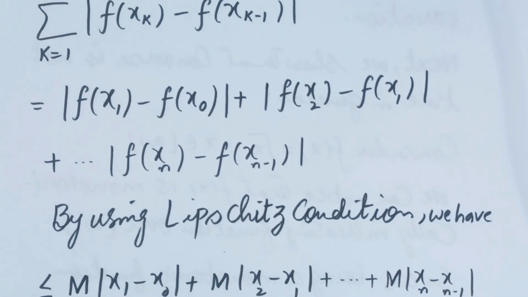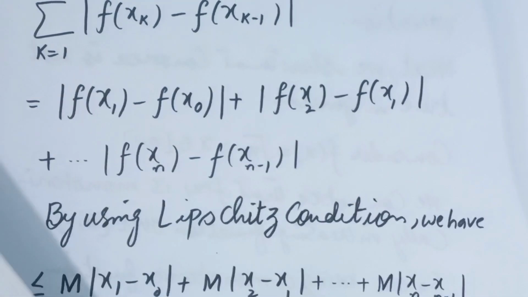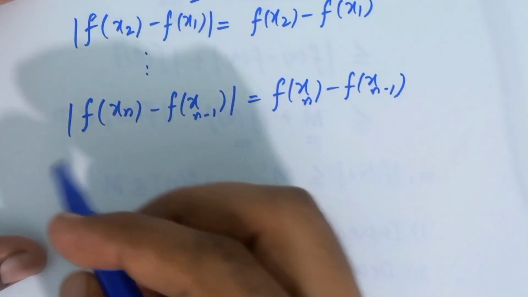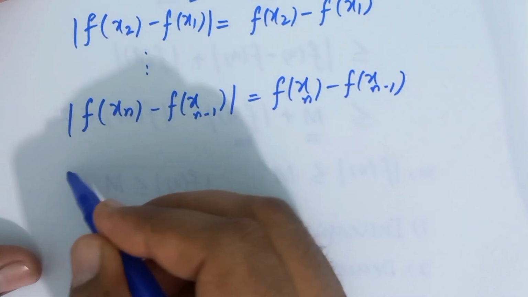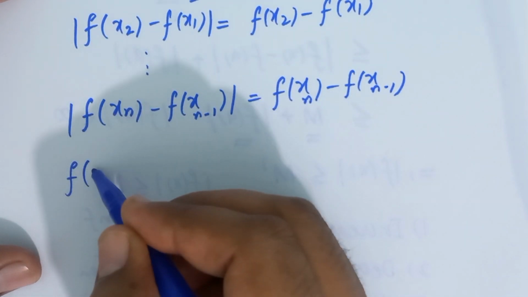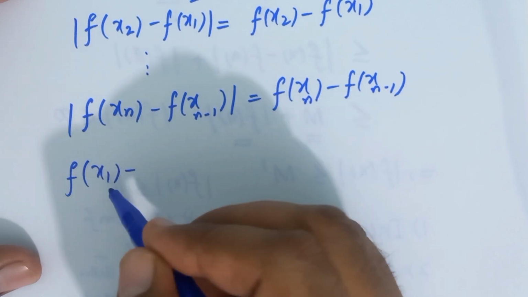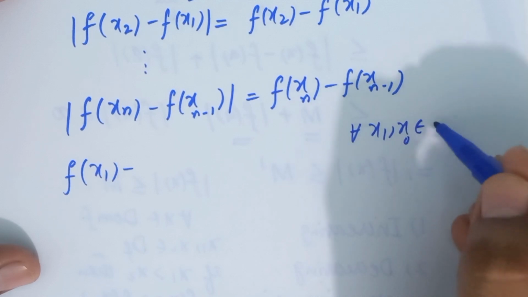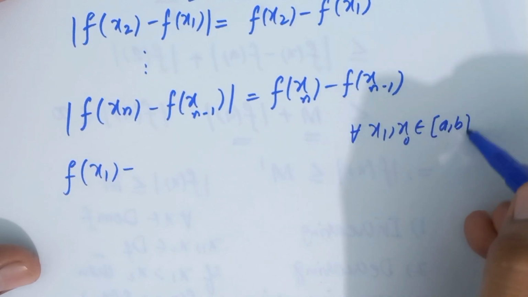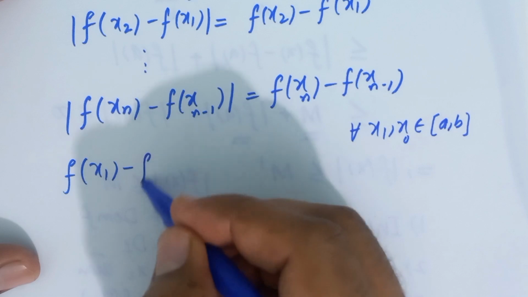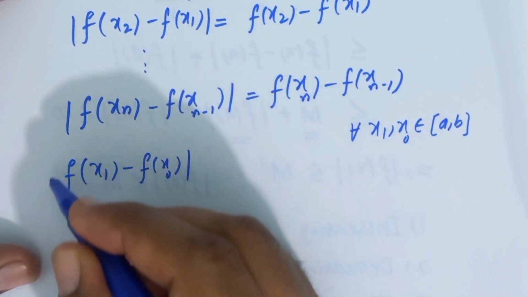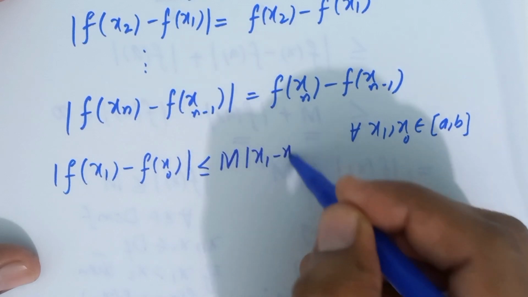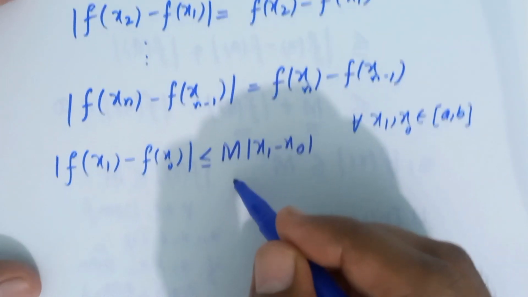What was the Lipschitz condition here? Lipschitz condition says that for every two values x1 and x0 belonging to some closed interval [a, b], the absolute value of f of x1 minus f of x0 will be less than or equal to m times the absolute value of x1 minus x0, where m is some positive real number.